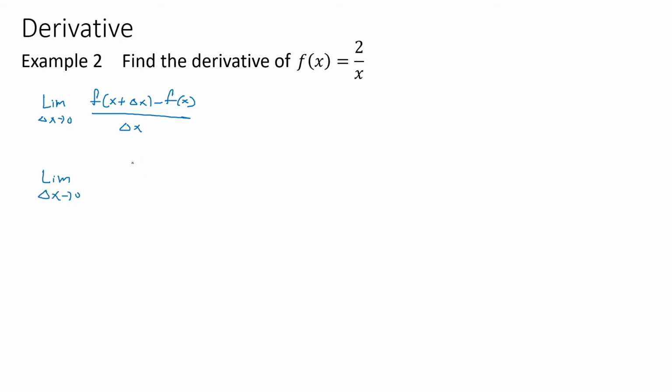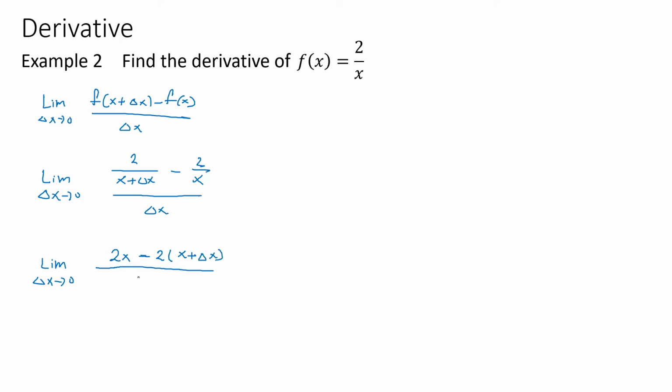So we should have 2 over x plus delta x minus f of x being 2 over x, over delta x. Again, we have a complex fraction, so we're going to find a common denominator, and then divide by delta x. On the left fraction, you should have 2x. On the right side, you should have 2 times x plus delta x. And we should have x times x plus delta x as a denominator, all over delta x over 1.